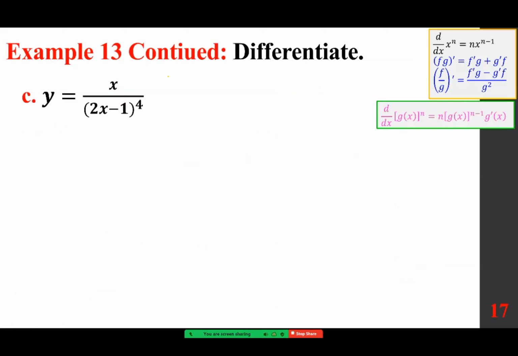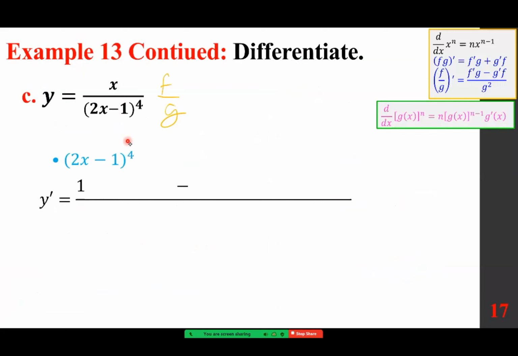F over G, we use the quotient rule. So fraction bar, F prime is 1 times the bottom, (2x minus 1) to the power of 4, minus G prime. We want to differentiate this.